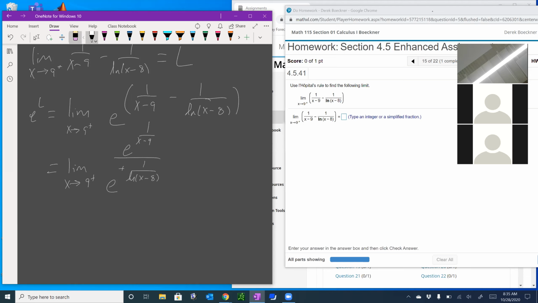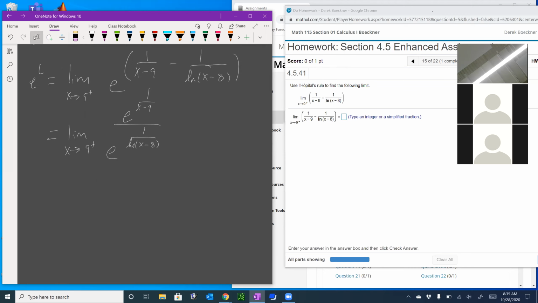That's a plus now that it's in the denominator. This looks like e to the infinity. This looks like e to the infinity. So this is e to the infinity stuff.